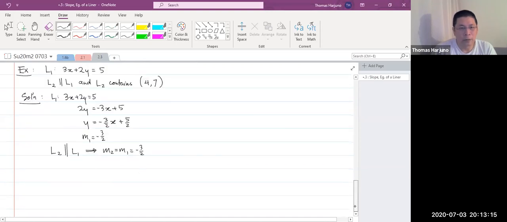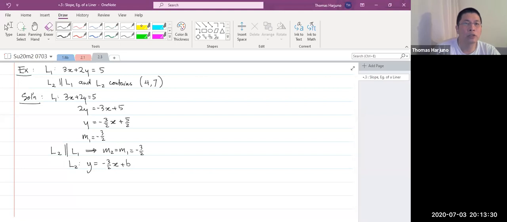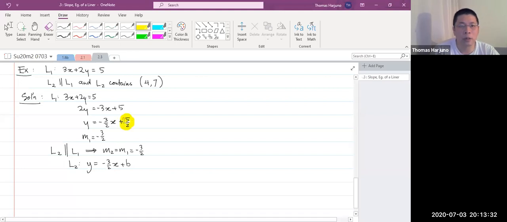That gives the equation of line 2 to be y = -3/2 x + b, right? It's not the same y-intercept here. In fact, it's not supposed to be the same, because then they are not parallel.